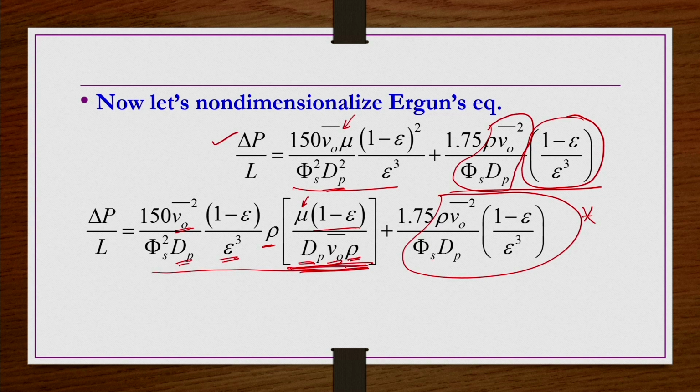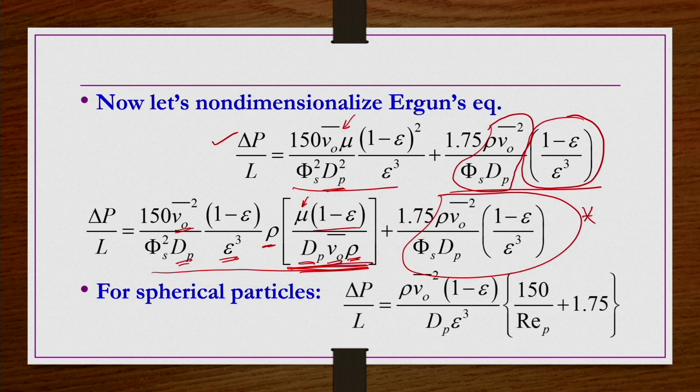It is nothing but 1 by Rep, that is the Reynolds number for the case of packed bed. Then for spherical particles we just strike out these phi s terms for simplicity. We take the spherical particle, otherwise this dP should be multiplied by the phi s.